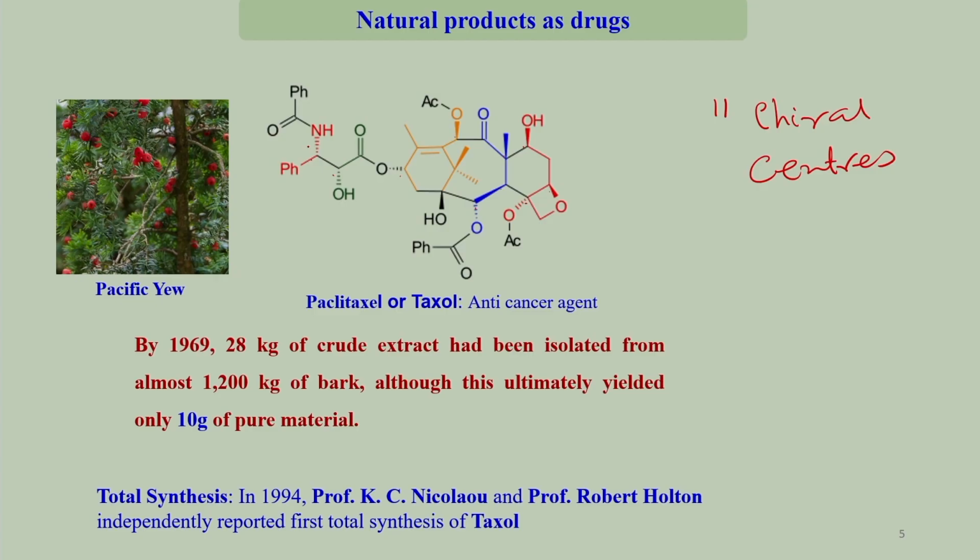So, it has 11 chiral centers, extremely hard to even find out the structure of it. This is paclitaxel, which was originally isolated from a tree, the Pacific yew. It is a very large, very old tree, usually 100 years old, and paclitaxel is obtained from the bark of this tree.